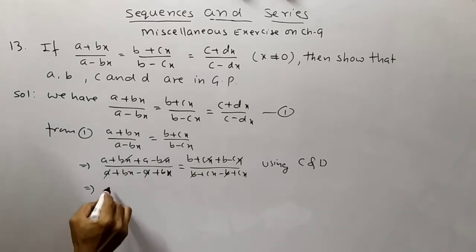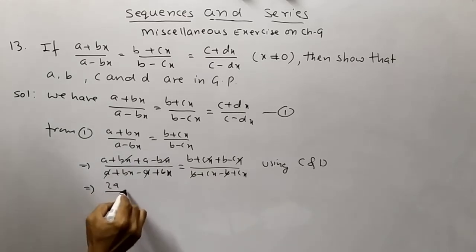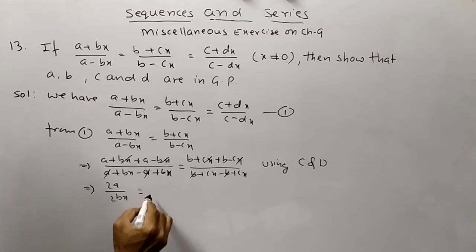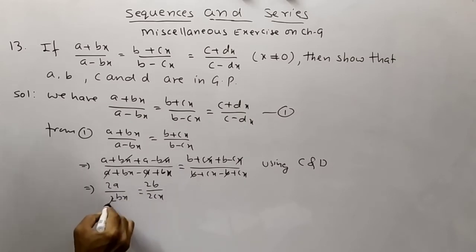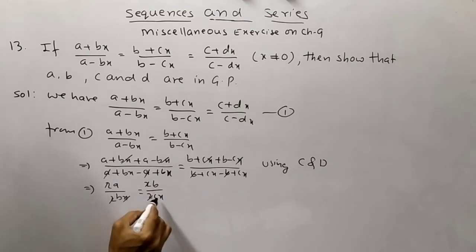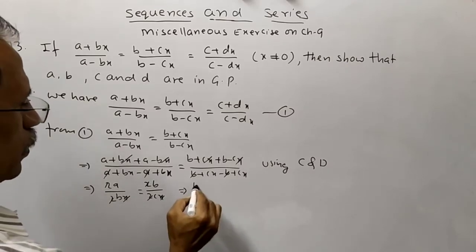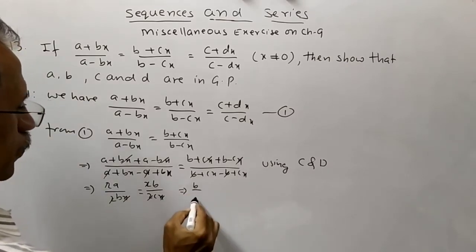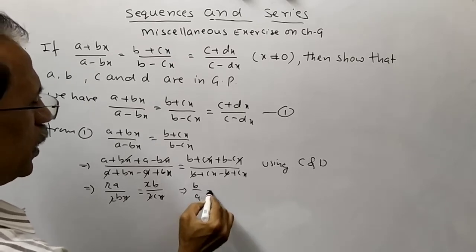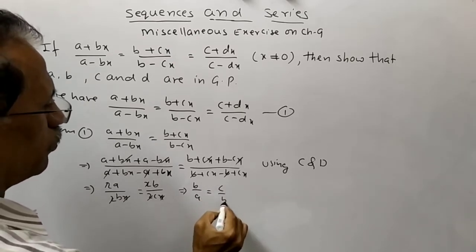This implies 2a divided by 2bx is equal to 2b divided by 2cx. 2 will get cancelled, x will get cancelled. This implies b by a is equal to c by b.